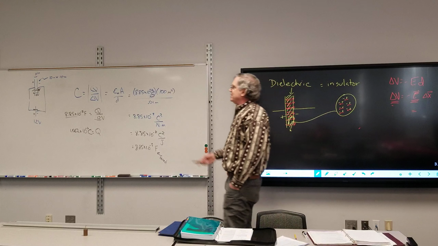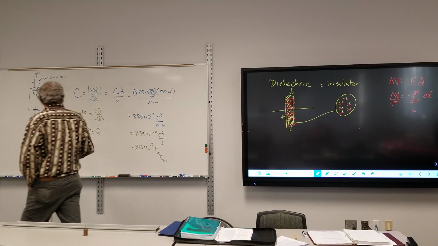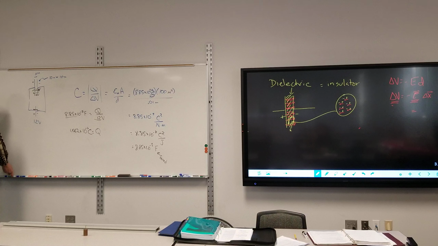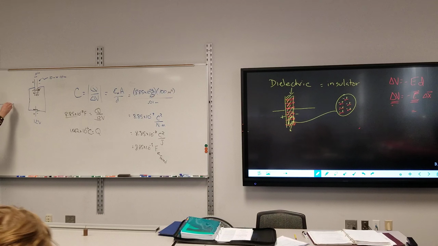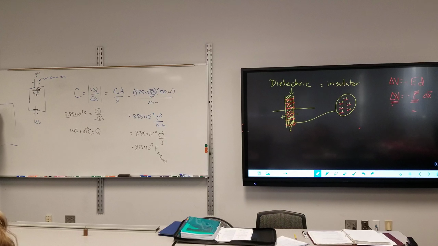So what I'm going to do is take this capacitor over here, set up. I'm going to keep it connected to the battery. So just a quick tip. If the battery stays connected, voltage across the capacitor is fixed.